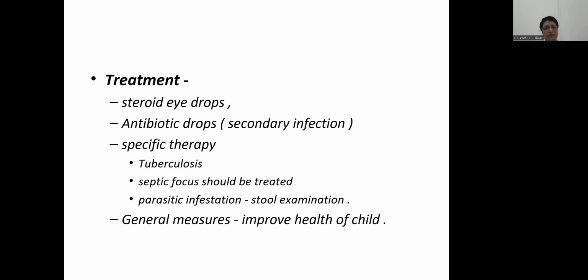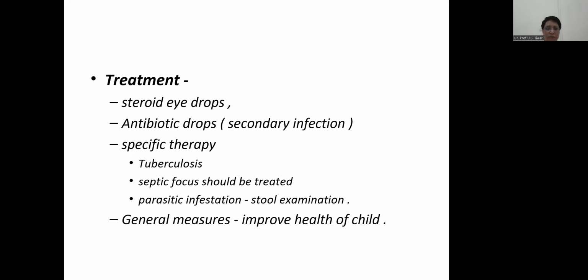The treatment consists of steroid drops. We can combine with antibiotics to prevent secondary infection. There is a specific therapy that may be required in cases where we can identify the underlying proteins and the diathesis with that protein.